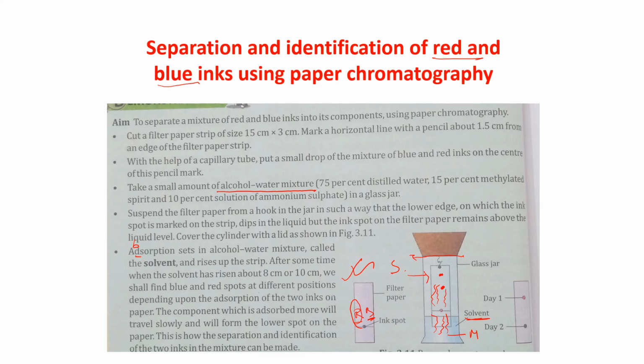Now the red is coming faster, so this drop is for red and this is your blue color. It is going afterwards, so this drop will be for blue color. Am I clear to you? Have you understood what I want to say? Now just go through it, read it. I think it will be clear to you.